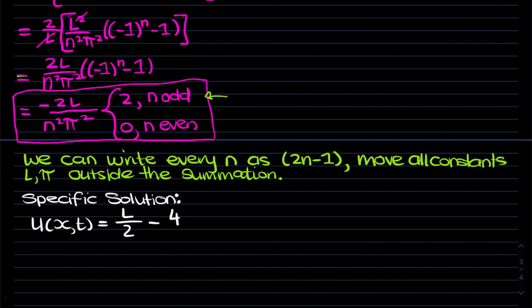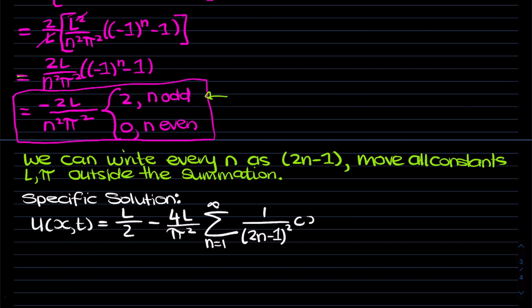Minus 4L over pi squared, summation, so they're the constants that we've moved out the front, n equals 1 to infinity of 1 over, and this is the n, so remember the n squared here that we'd normally have, we're going to write as 2n minus 1 squared.